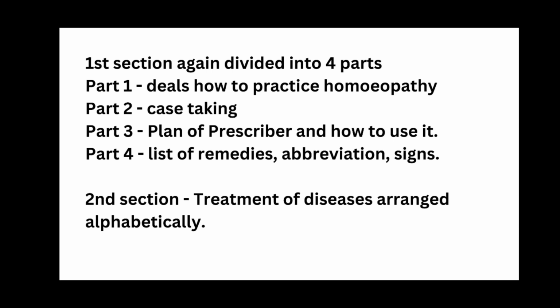Part 1 deals with how to practice homeopathy. Part 2 deals with case taking. Part 3, there is a plan of prescriber and how to use it. Part 4 contains list of the remedies, abbreviations and signs. Next, in second section, there is a treatment of disease arranged alphabetically.